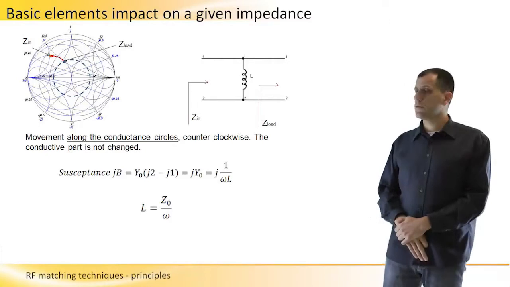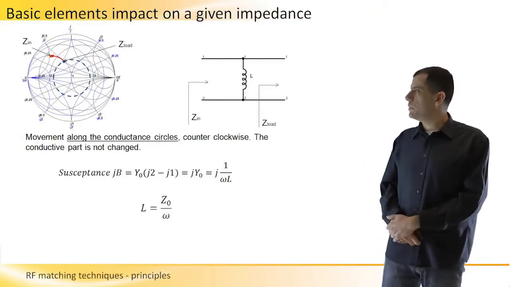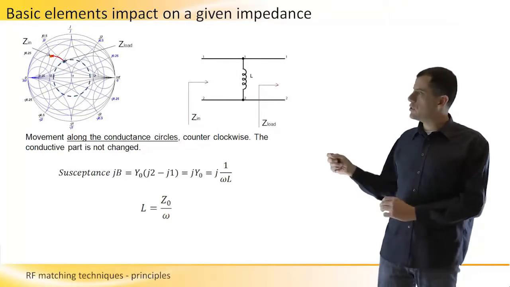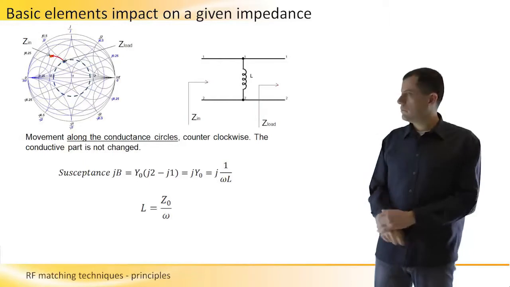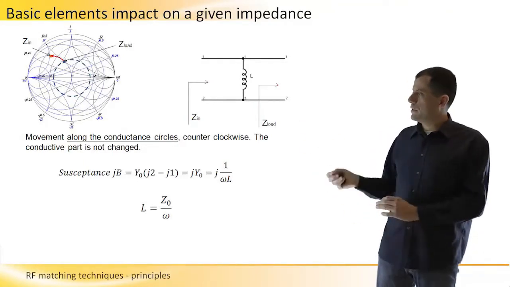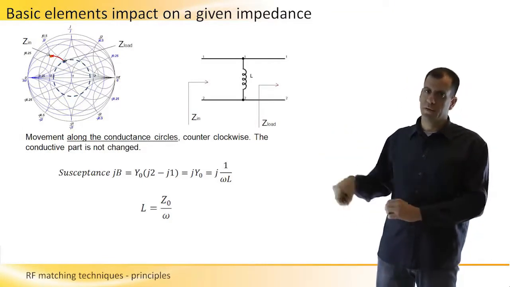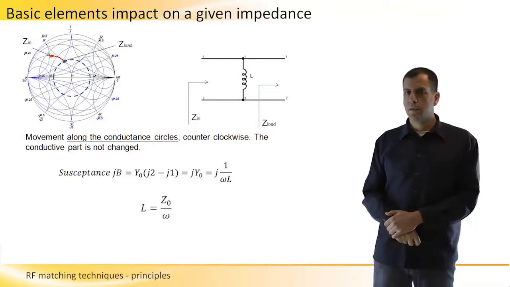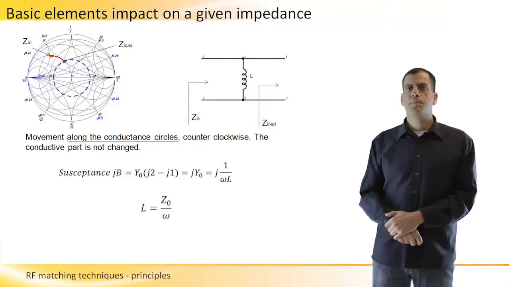What is the connection between the value of the inductor and the change in the location of the Z load impedance on our Smith chart? If we look at the initial point and the end point, then we will be able to calculate the difference in the susceptance.